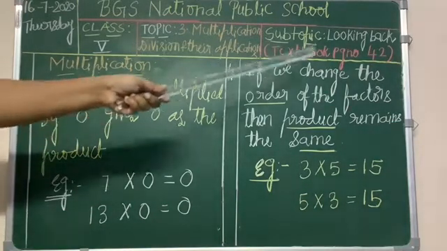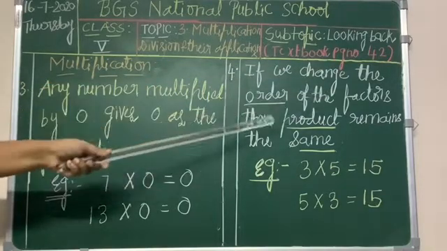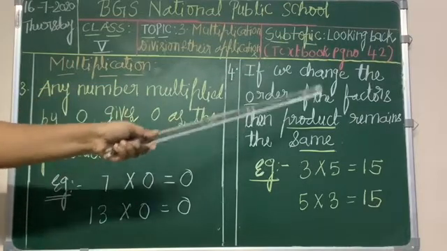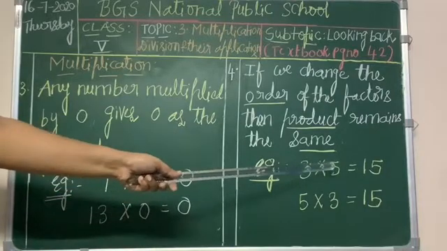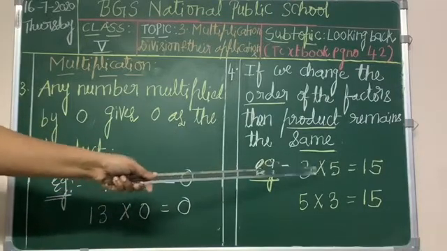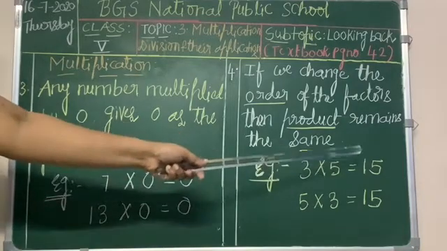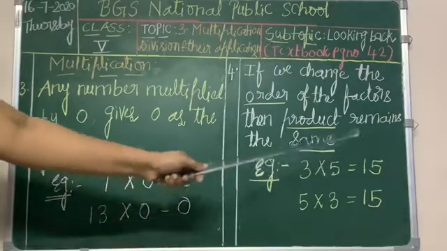If we change the order of the factors, then the product remains the same. What are factors, children? Factors are nothing but the numbers which you are multiplying. If you change the order of the numbers which you are multiplying, even then you will get the same product. For example, here 3 into 5 equals 15.